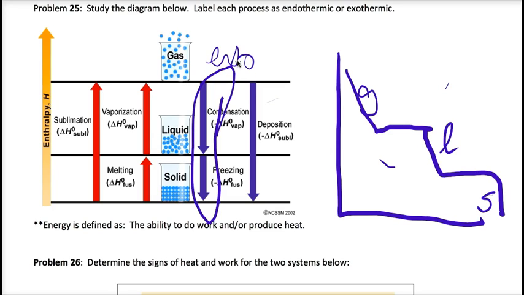And as you could probably figure out, this deposition where you go directly from a gas down to a solid would also be exothermic. Okay, so that would be your graphs that should be very, very similar. So let's go ahead and look at the next one.